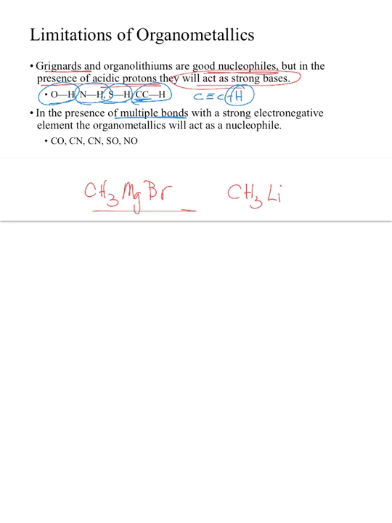Also in the presence of multiple bonds, they will act as a nucleophile. So this is a carbonyl. You'll see this as a nitrile, and sulfurs and nitrogens. And so hopefully you've gotten something out of the importance of recognizing acidic protons and recognizing strong bases and can apply that.